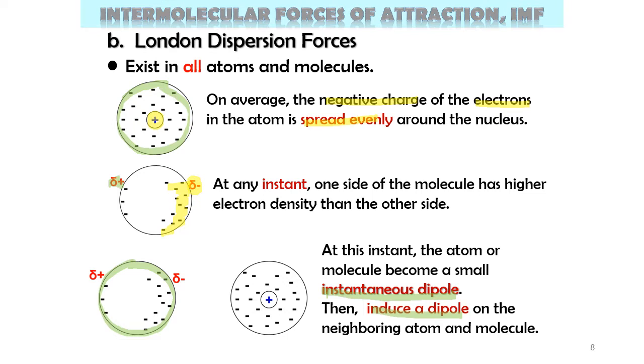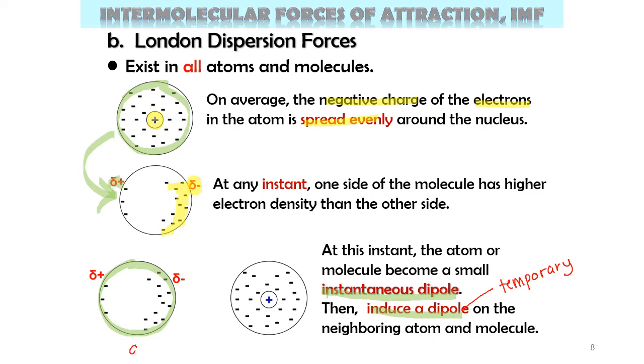But sometimes it can be like this, meaning one side will have more electrons compared to the other side. So when it becomes like this, it will induce, the correct word is induce, a temporary dipole. So that is why just now I mentioned temporary and permanent. This one is a temporary dipole. It will induce a temporary dipole on the neighboring atom.